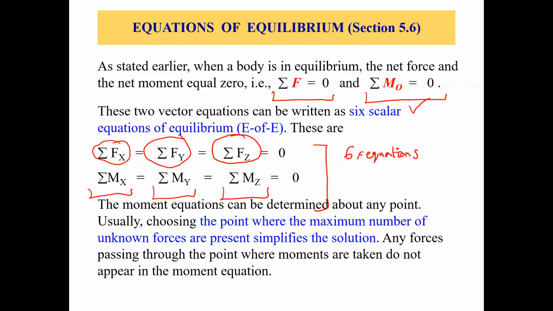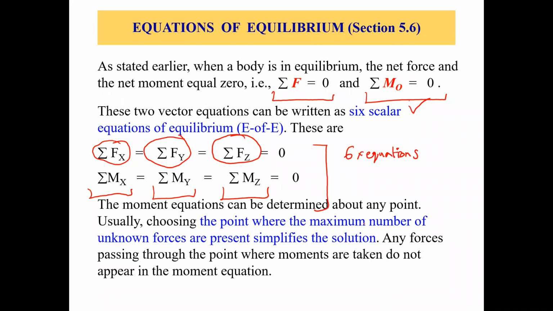Because once we take the moment at a point where there are more support reactions, more unknowns, then those unknowns cancel out because they don't have a moment arm, and then we can determine the other unknown forces. Any forces passing through the point where moments are taken do not appear in the moment equation, as we just said, right? So this was about equations of equilibrium.